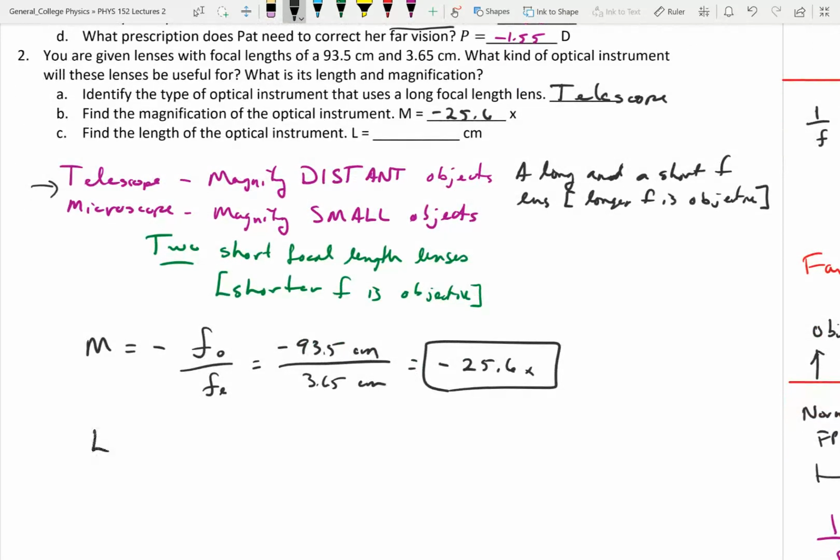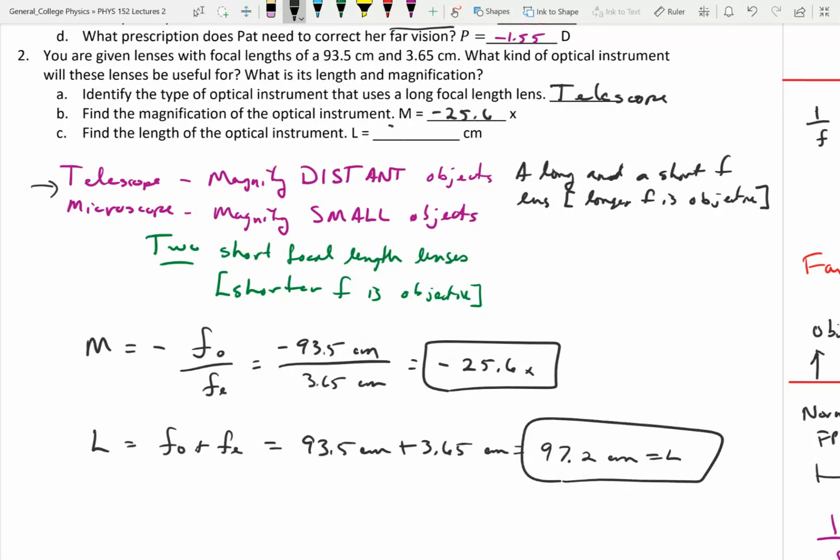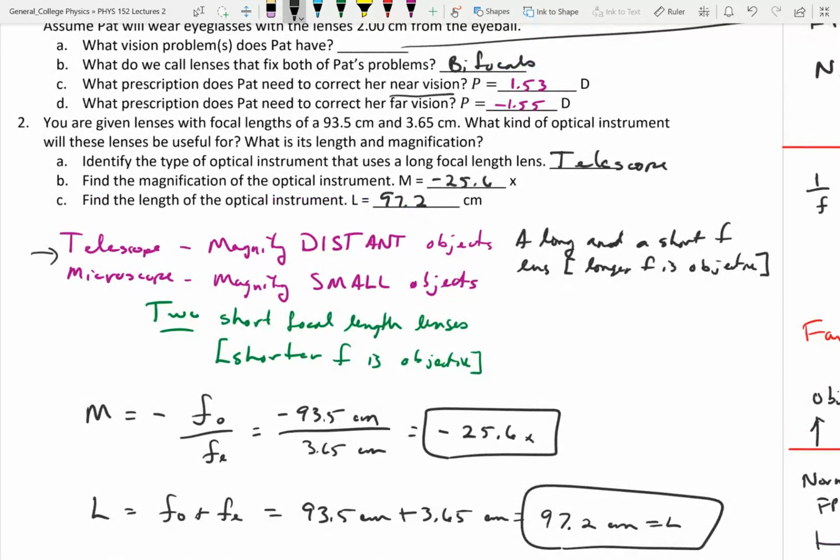And then the length is equal to the sum of the focal lengths, so 97.2 centimeters is the length. So that was kind of a short problem, really, but you had to do your analysis in determining which type of instrument fits these lenses. Now you're going to have one problem of the nature like one of these two on the test. So hopefully you can understand how we did both of these.